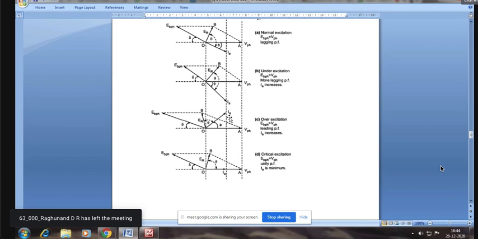And similarly, in the third figure, diagram C, over excitation. That means I make the field excitation in such a way that E becomes greater than VPH, in which case the phasor diagram is as shown. Here we see the current gets shifted above the applied voltage because now it becomes leading, and the resultant EMF is here.